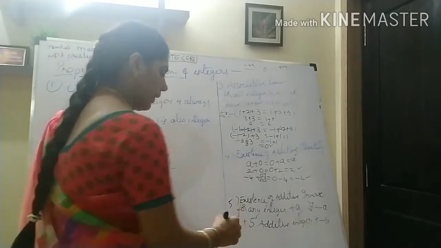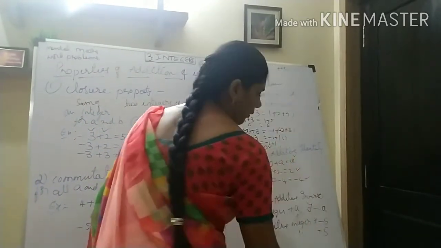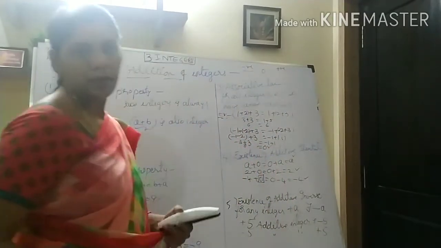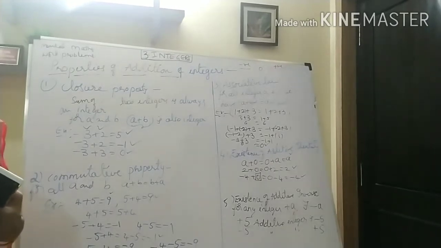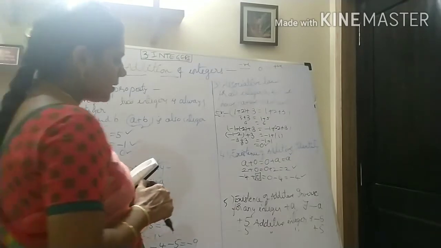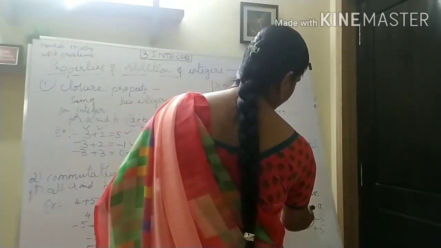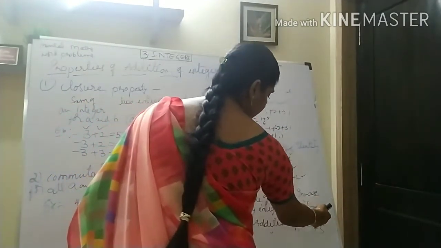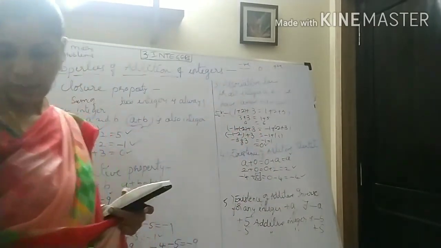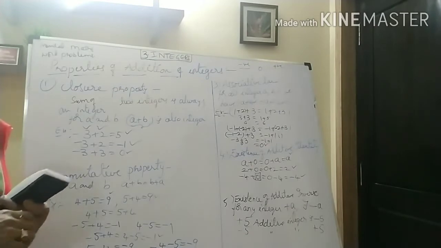If you take minus 5, the additive inverse will become plus 5. Understood? So the additive inverse of plus a will be minus a, and the additive inverse of minus a is plus a. So plus a and minus a are called the additive inverses of each other.